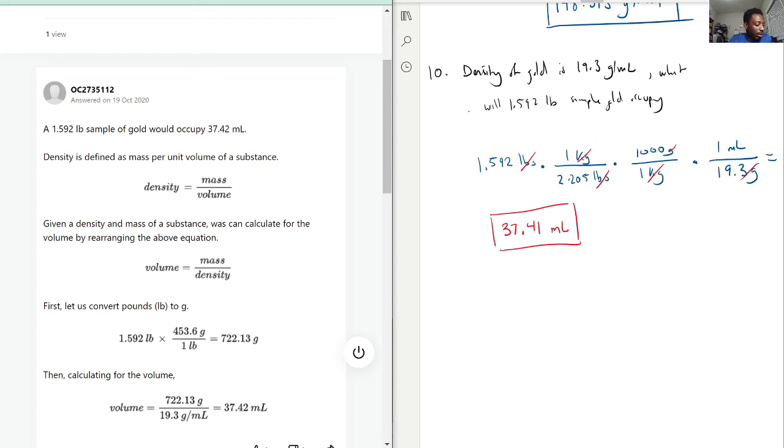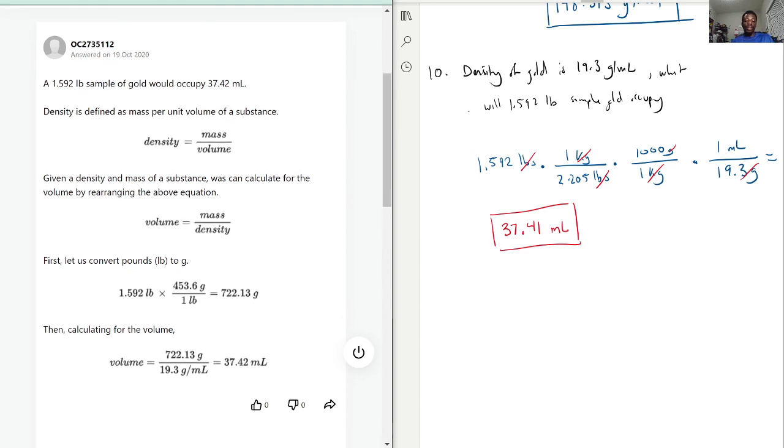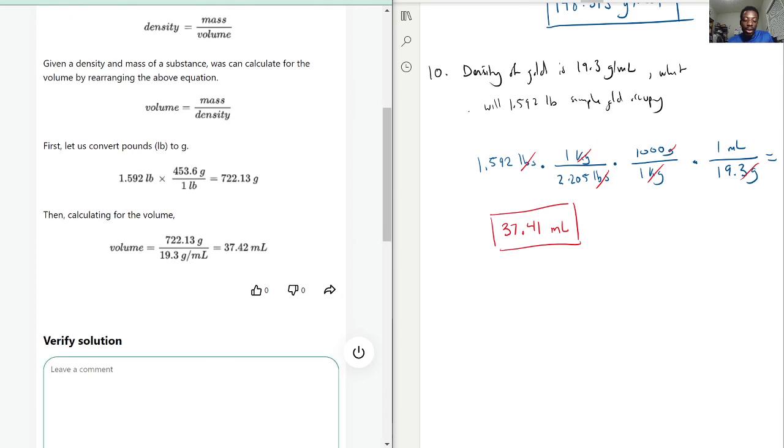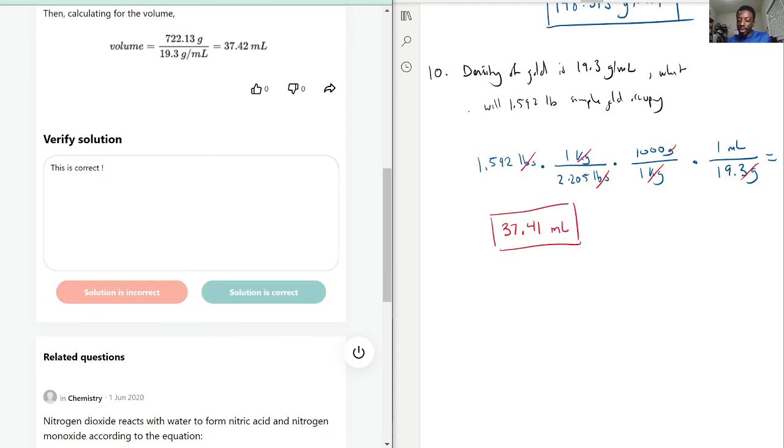Even if I did that, 1,000 divided by 2.205, I get there's around 453.5 grams per 1 pound. But the change is so minuscule, considering that we almost got literally the same answer still. But yes, they converted from the pounds to the grams, and then they went on to convert the grams to a volume based on the density distribution, the grams per mil. So that is correct for question 10.